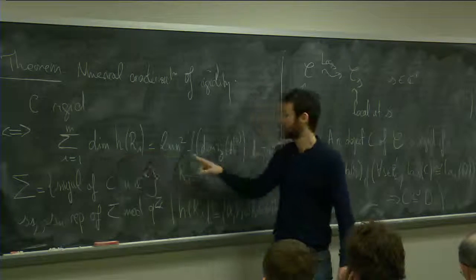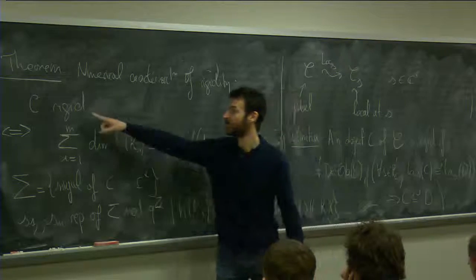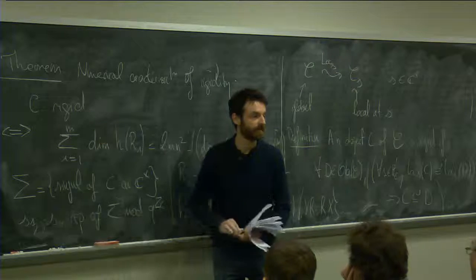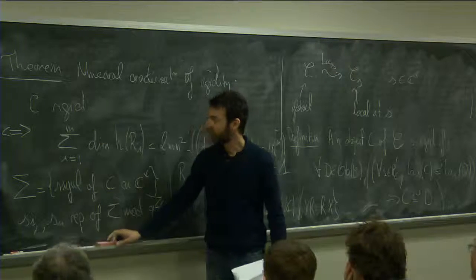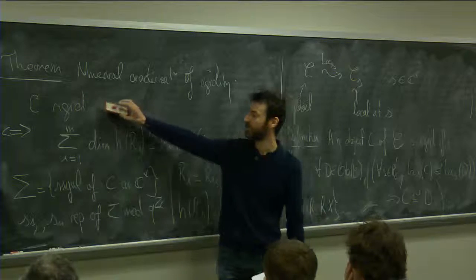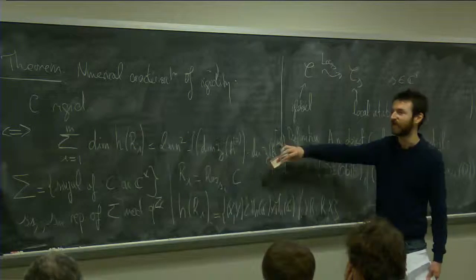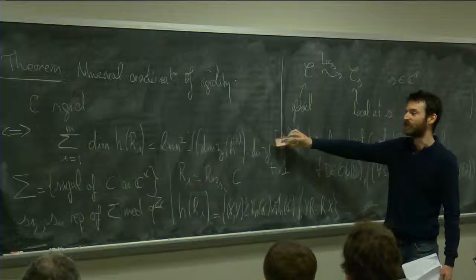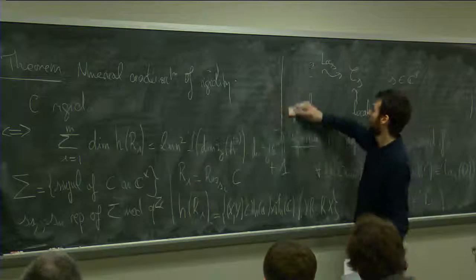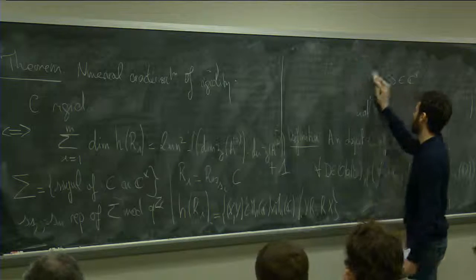And if you get this equality, then you know that your object is rigid. Actually, this is very nice because it's very similar to a characterization of rigidity due to Katz.